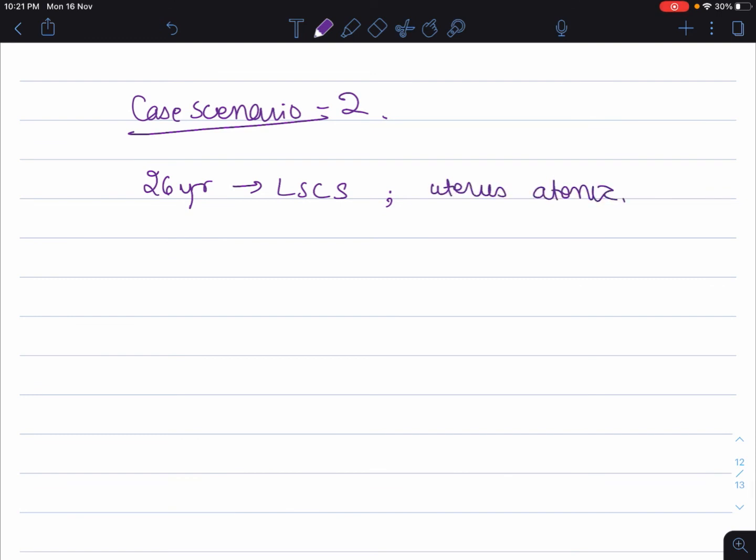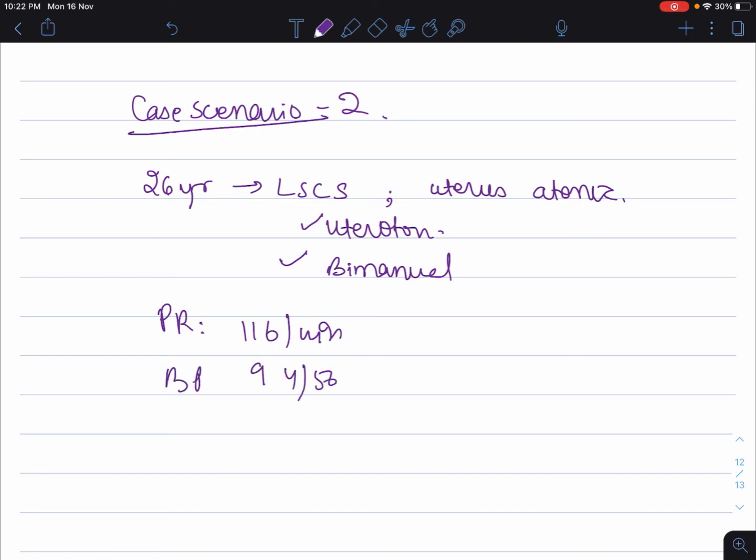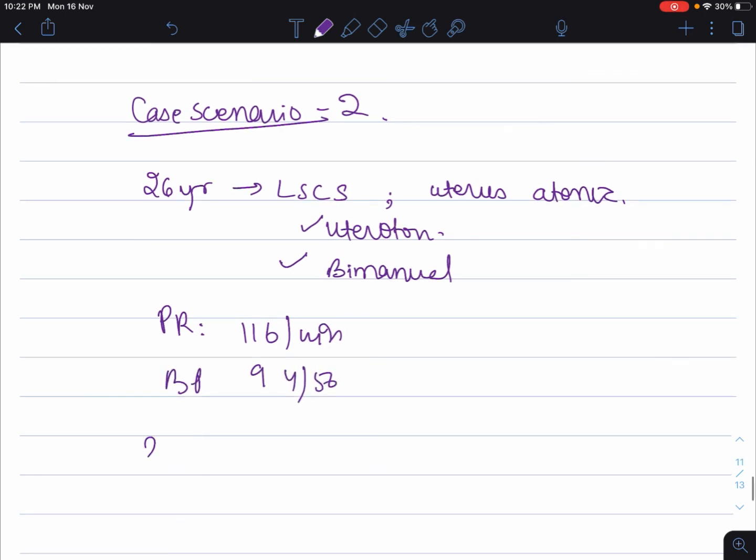You start the bimanual compression, you have given the uterotonics, but her pulse rate still is 116 per minute, her BP is 94/56, and blood is on its way. What will you do? You will tie B-Lynch sutures to counter till the blood comes in, because the uterus is not responding to the uterotonics that you have given.